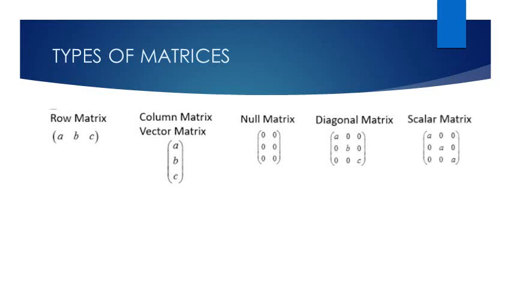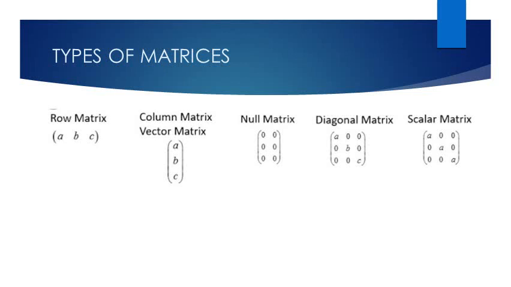Next, scalar matrix. Scalar matrix means in a square matrix, if the diagonal elements are numbers and all the elements except the diagonal are 0, and the diagonal has the same number, then it is a scalar matrix.